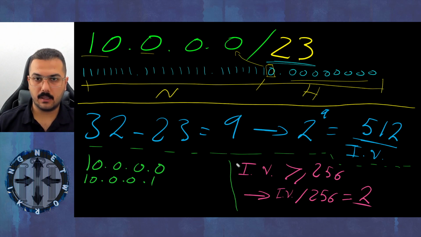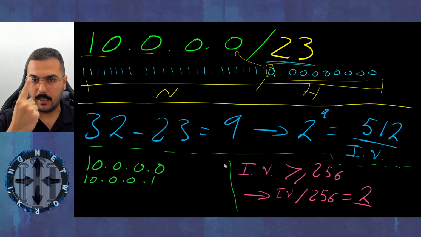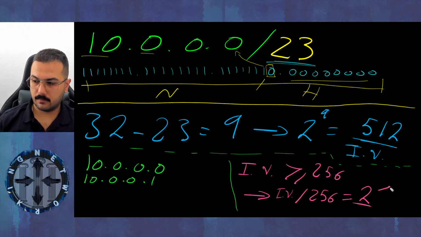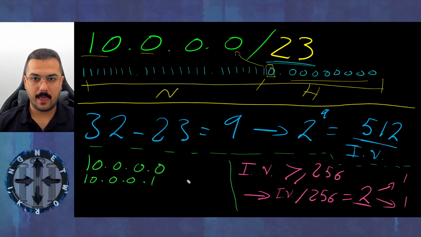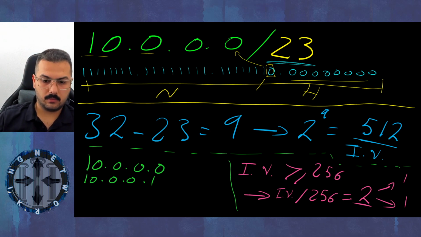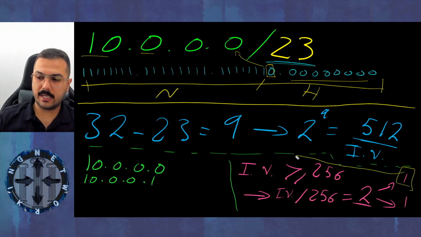For simplicity, deduct 1 from the result and write what's left from the result. Well, it's actually 2. So when I deduct 1 from 2, only 1 is left. And what I will do right now, let me have it in a different color. This deducted 1 equals a filled octet on the right.